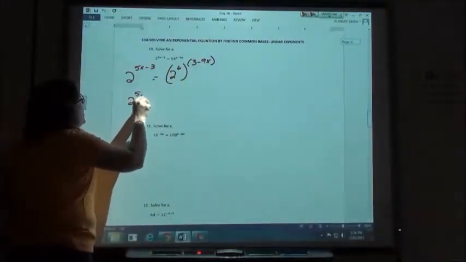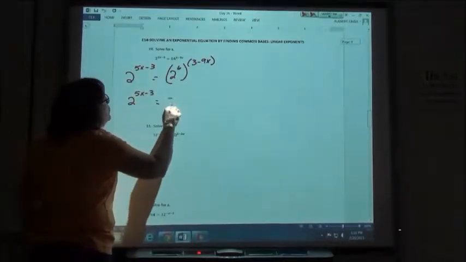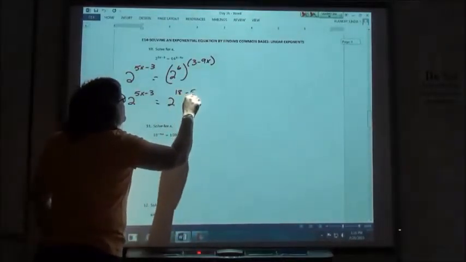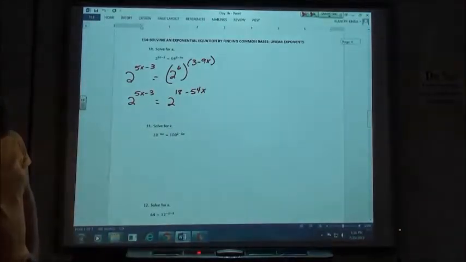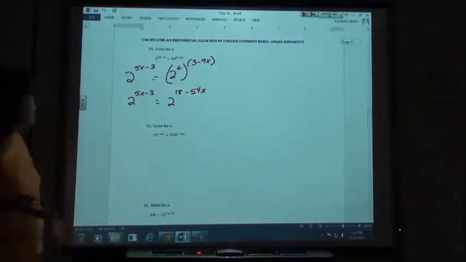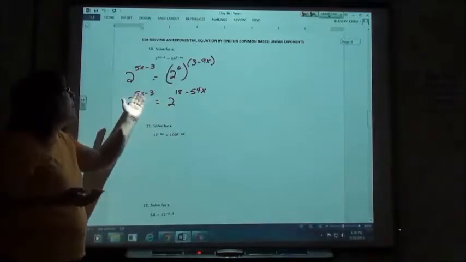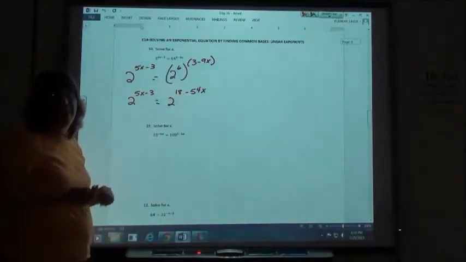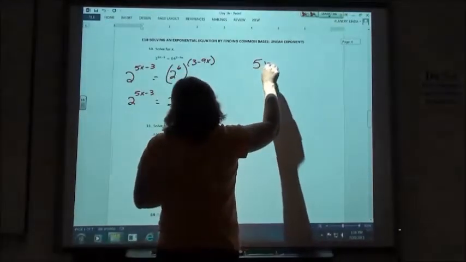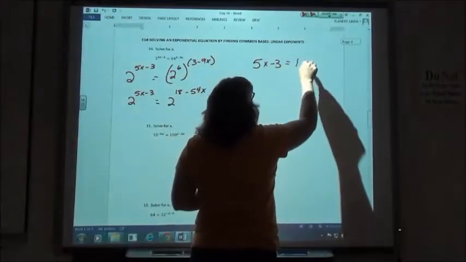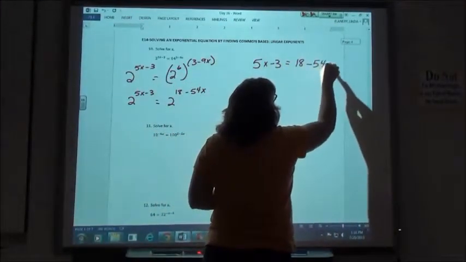So 2 to the 5x minus 3 would equal 2 to the 18 minus 54x. Now that my bases are the same, I could basically ignore them. If my bases are the same, my exponents also have to be the same in order for them to be equal. So 5x minus 3 would have to equal 18 minus 54x.